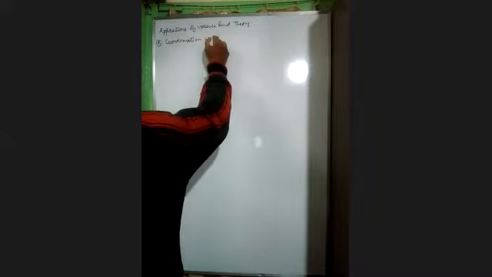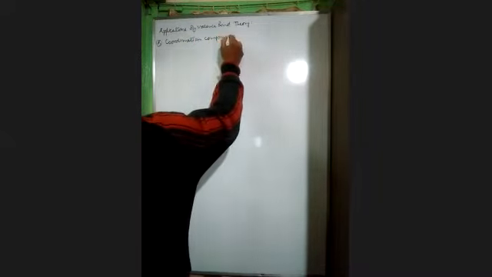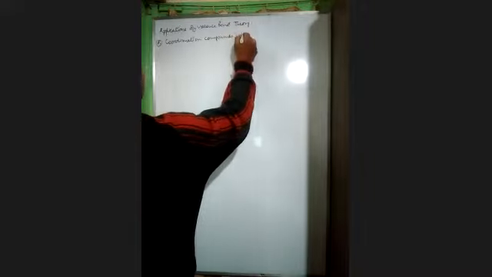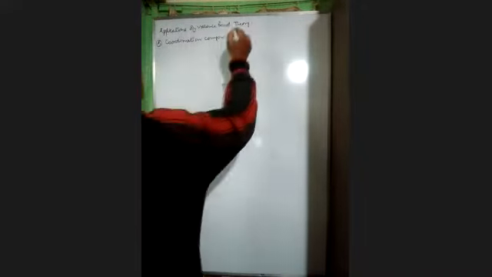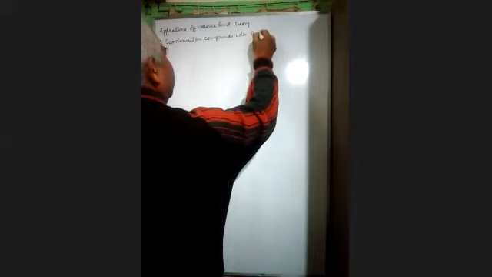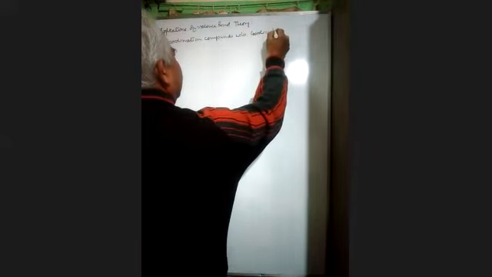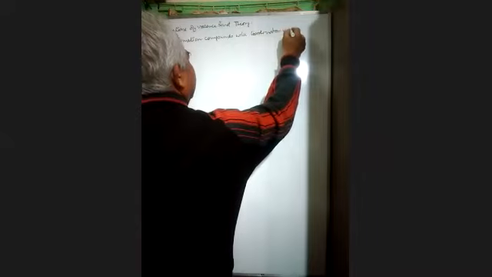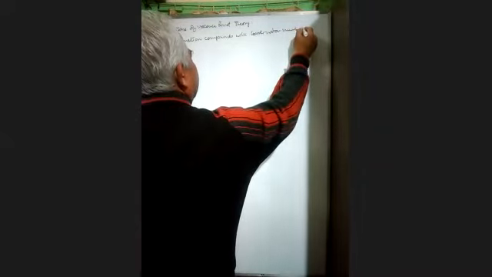So now, the first example that we are going to do is coordination compounds with coordination number 6. You know what is called coordination number?